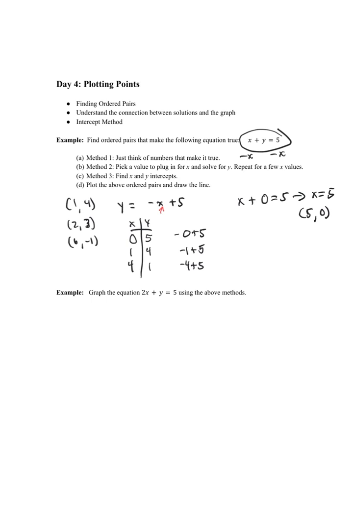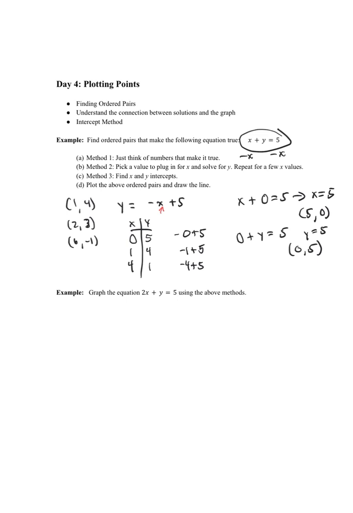And for your y-intercept, you could let x be 0: 0 plus y equals 5. So that gives you y equals 5, the point (0, 5). And from any of those, you can draw the graph from those ordered pairs.